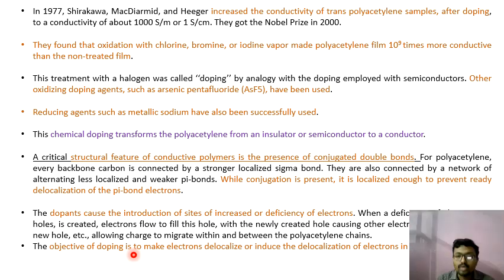Now, dopant is a molecule which is able to enhance the electron density in the molecule, or it is able to enhance the electron deficiency, that is, create the hole in the conjugated polymer molecule. When this extra electron, or the extra positive charge meaning hole, is created, then electron is moving from one side to another side. That is the role of dopant, to enhance the delocalization of electron and make the polymer much more conductive.